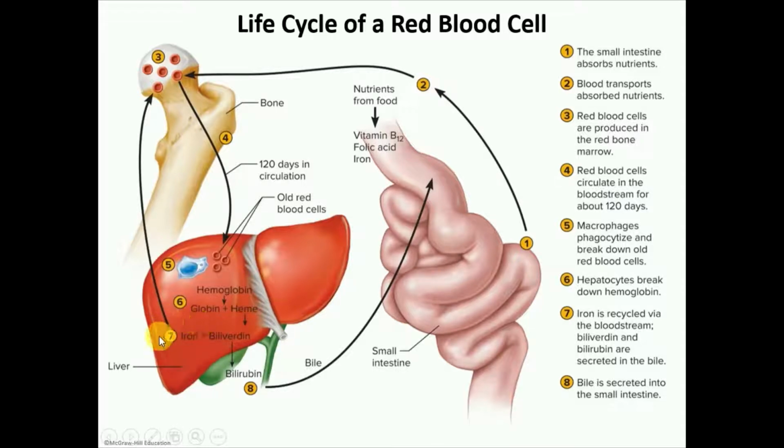Again, iron is something that we can reuse, so you see it being transported back to the bone marrow where it can be reused to make fresher, healthier RBCs. And then the biliverdin, by the hepatocytes, will be changed into bilirubin, and that will become part of the bile that will be transported into the small intestine to help in the digestive process.